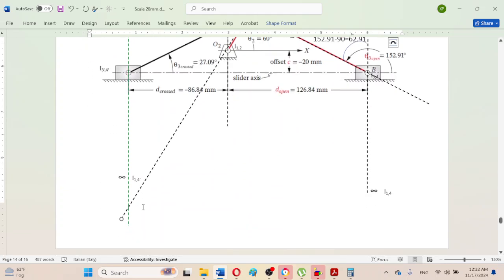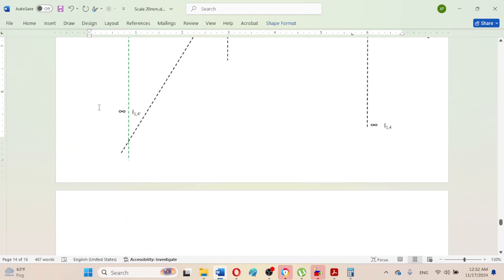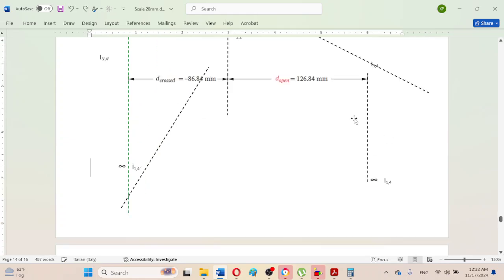So in this way this instant center has been located.